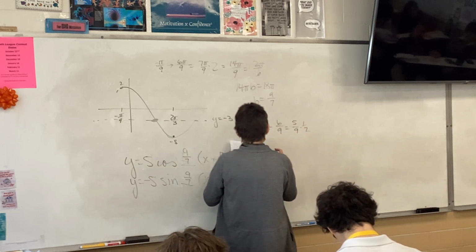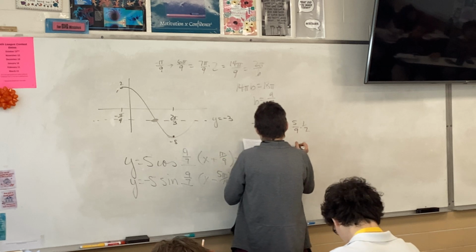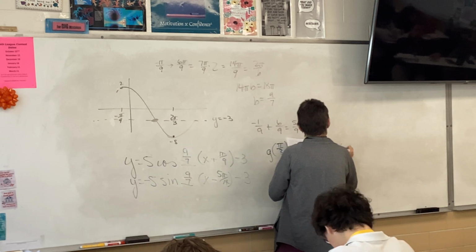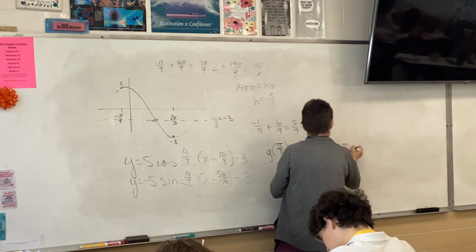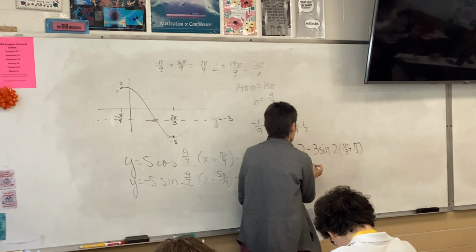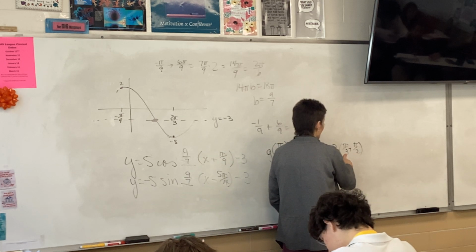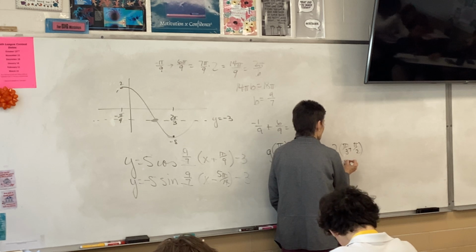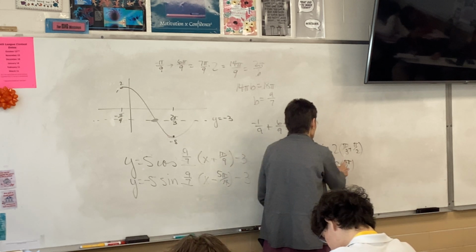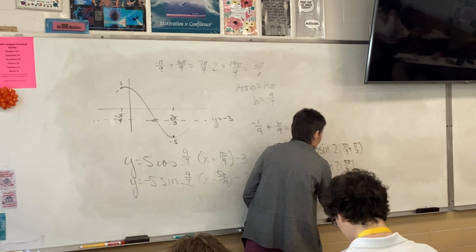If we find q of pi over 3, that's gonna be 2 minus 3 sine, 2 times pi over 3 plus pi over 2, would you agree with that? And that's going to be 2 pi over 3 plus pi over 2, if I add these together, and double that would be 5 pi over 3.